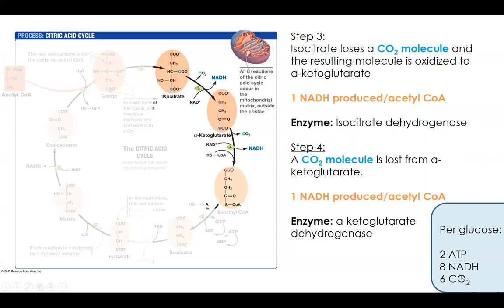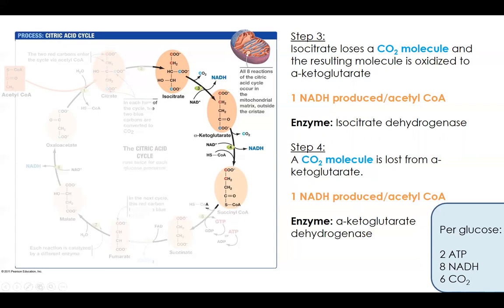We've got 8 NADH, so we're racking it up here, really getting to business on that redox potential, and we still have the 2 ATP that we got in glycolysis sitting in the bank for us, or at the bottom of the fry bag, however you want to think about it. So again, what I've got here in the text is per acetyl CoA. The tally I'm keeping here is per glucose, a running tally since we started glycolysis. You can double check and make sure you understand where all of these came from.